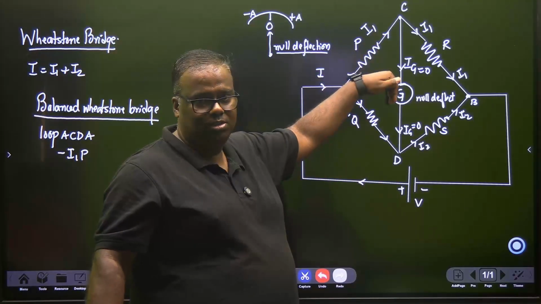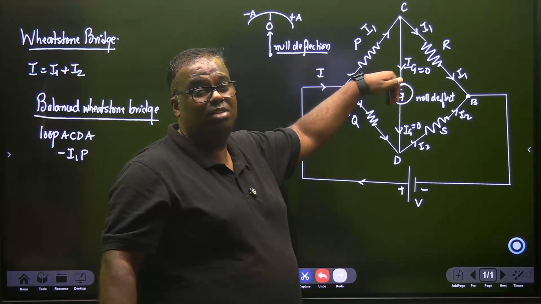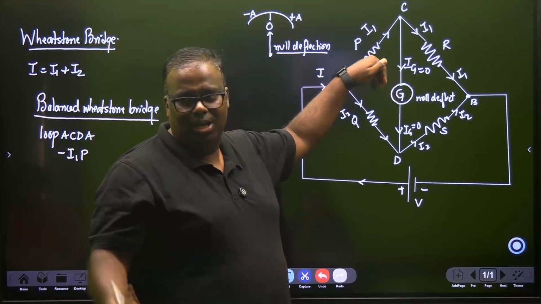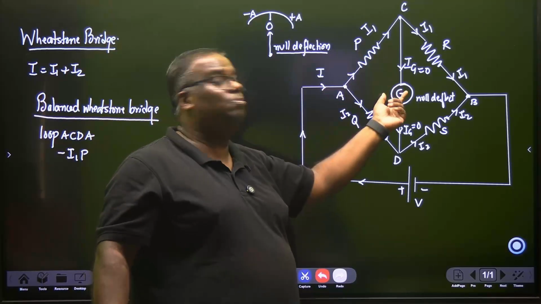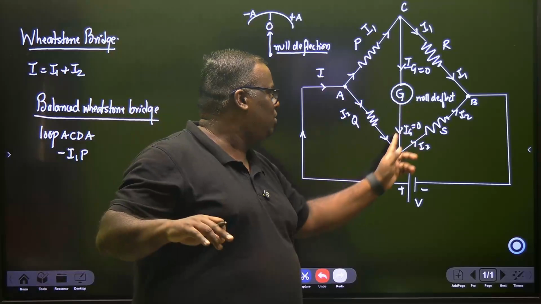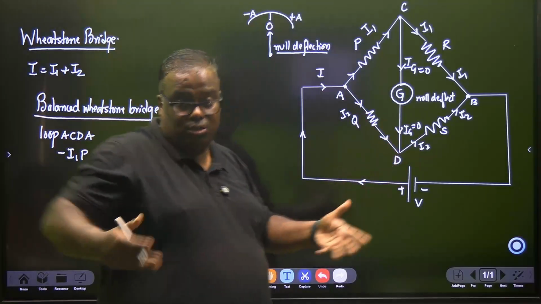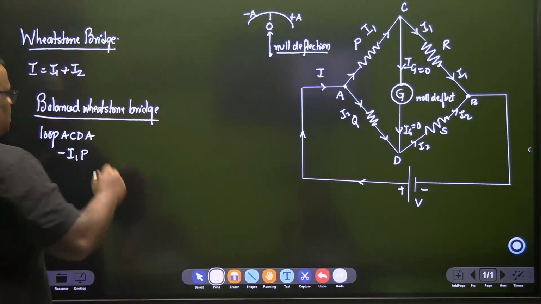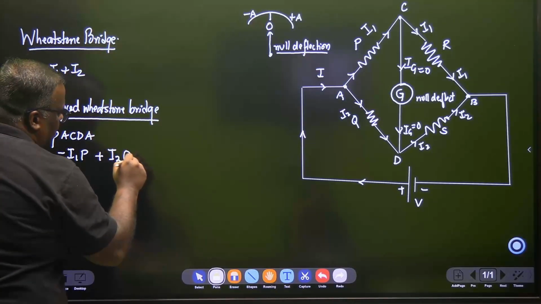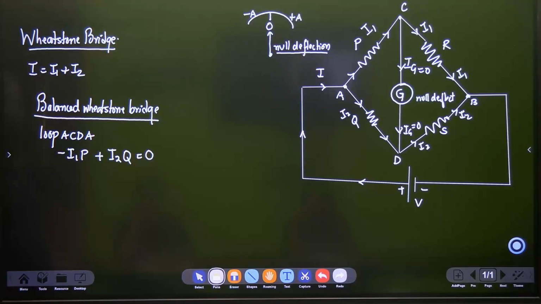IG is 0. Galvanometer does not have any internal resistance. Any current measuring device cannot have any resistance at all. A meter has no resistance, and this is super sensitive, so it cannot have any resistance. Agreed? Now you're coming this way, going against the current, so this potential is building up on you. So this potential will be plus I2Q, and this should be equal to 0.